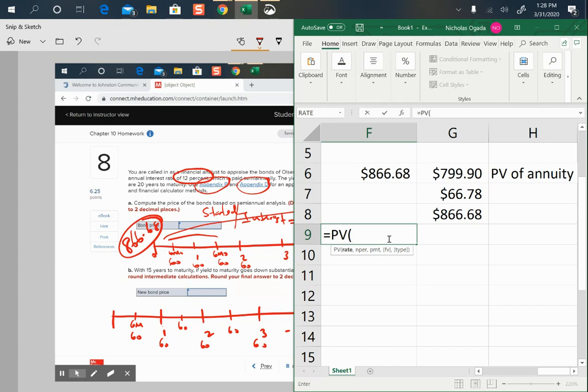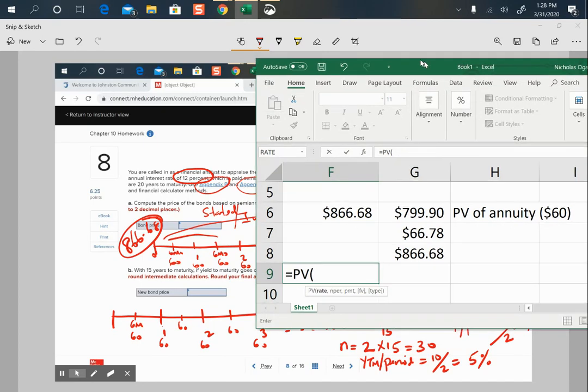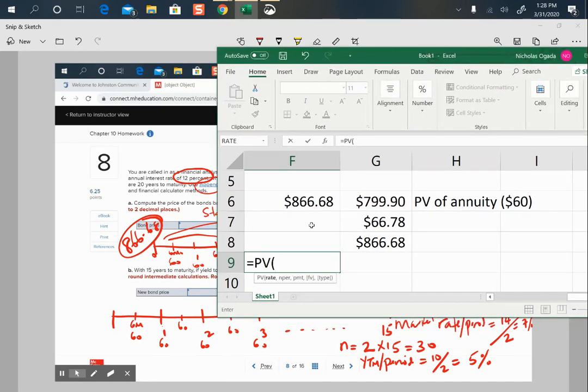We're told our rate went down to 10%, that's per year, and therefore per period it's going to be 5%. And then the number of periods: we have 2 periods per year, 15 years left, so we have a total of 30 periods on this bond.